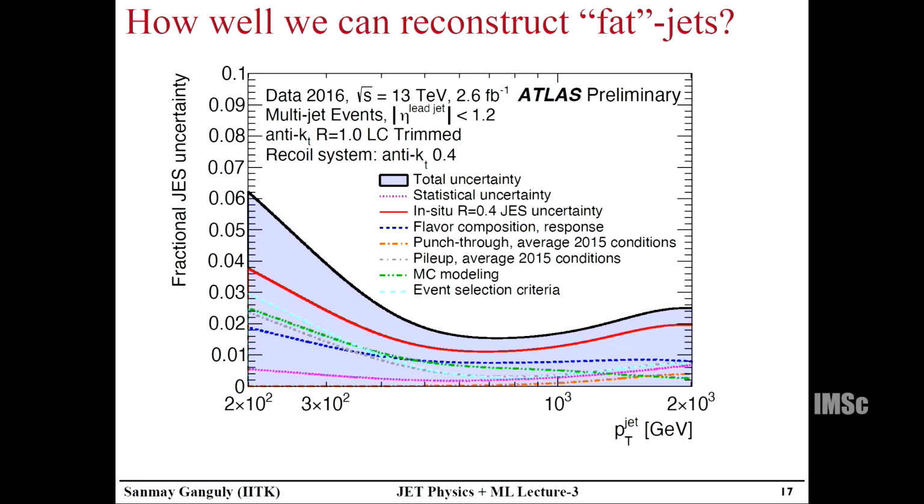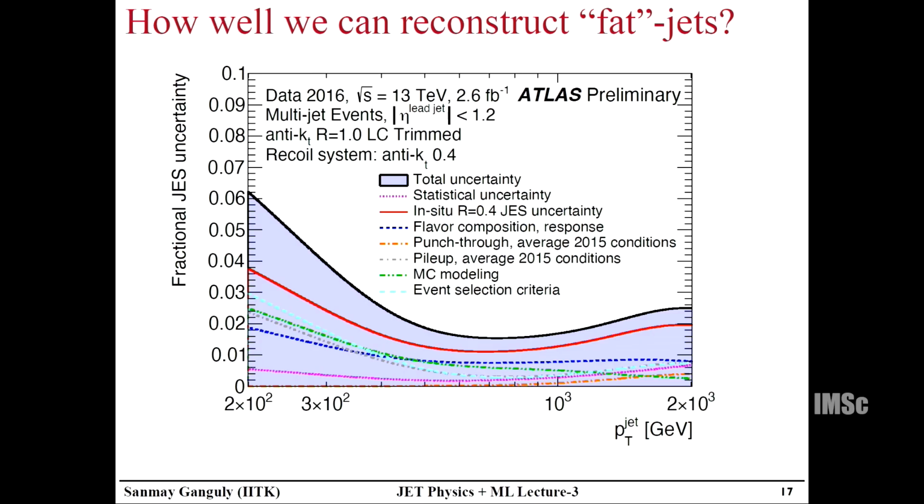For that 0.4 jet, we know the momentum uncertainty at a much higher accuracy level. So that's what we take as a standard candle. With that, we recoil this jet and try to measure how much we know the momentum uncertainty on this candidate.